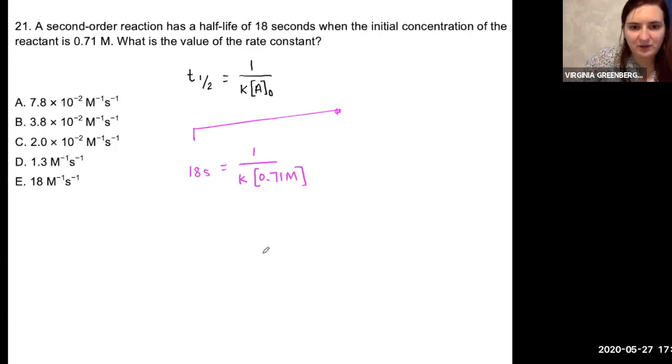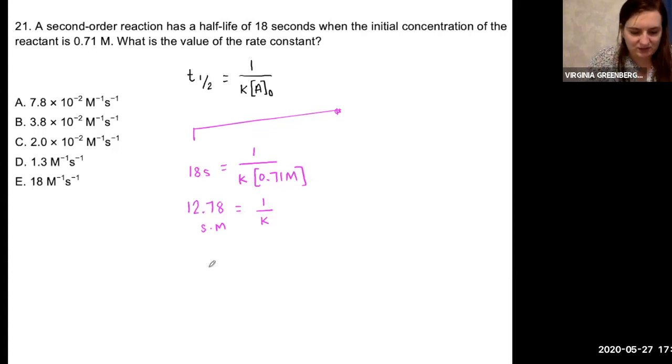So we can multiply our 0.71 over, and we get 12.78, and this will be seconds times molarity, is equal to 1 over K. And so then to undo the 1 over, we're just going to do 1 over on both sides.